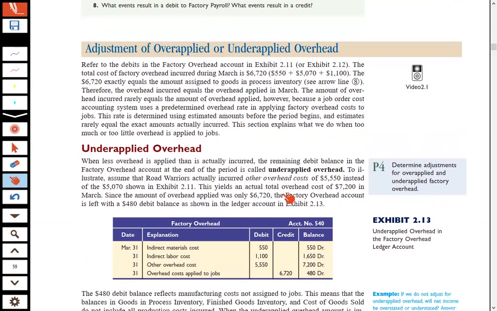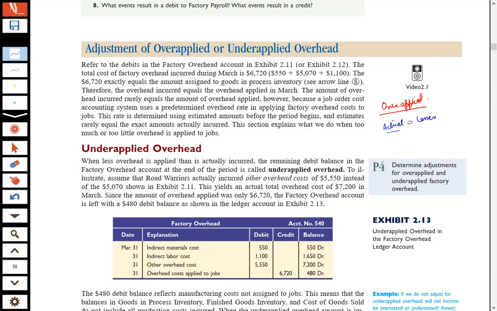Over applied means that we have what? Over applied means we have estimated more than the actual. In over applied, is the actual greater or lesser? Actual is lesser.